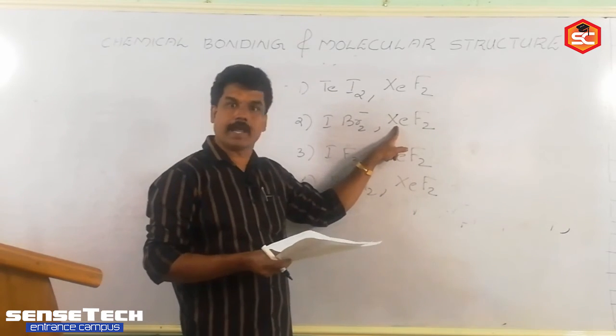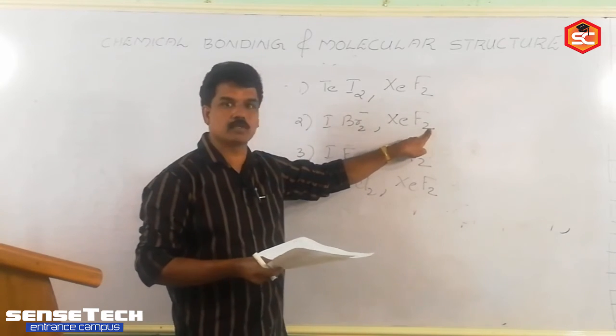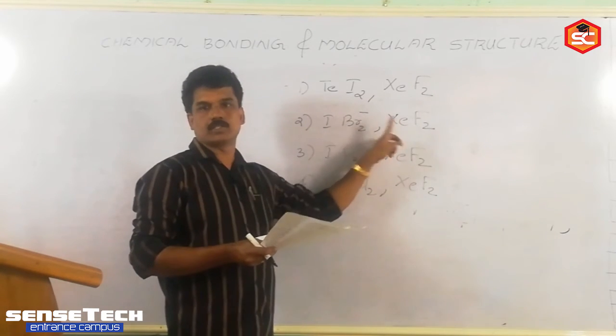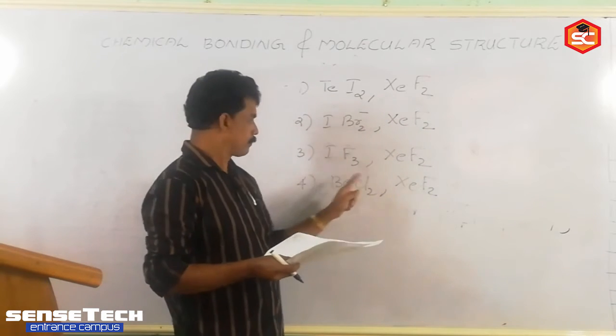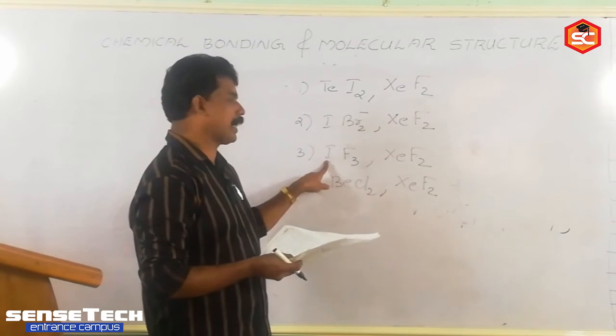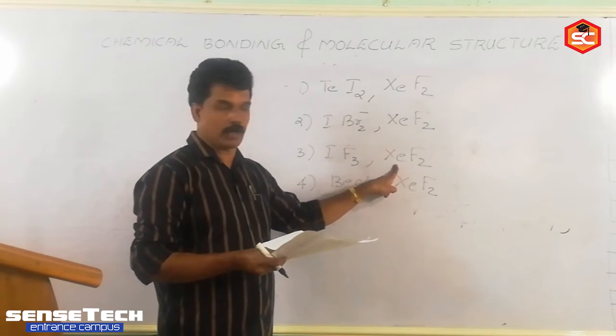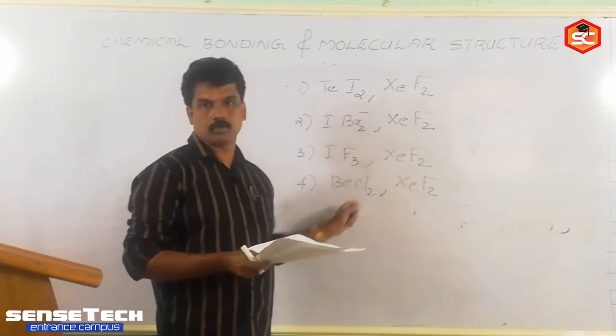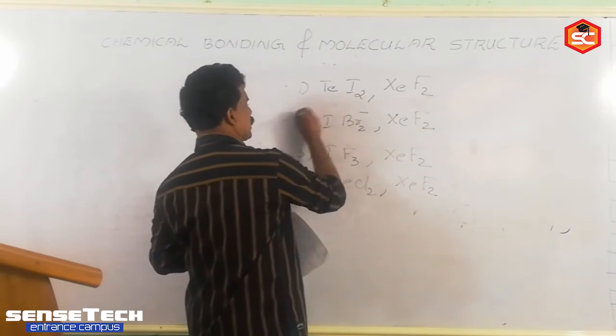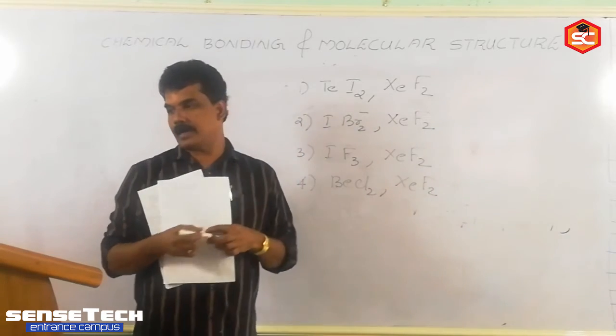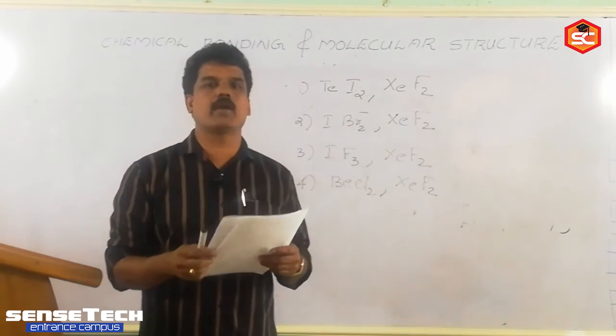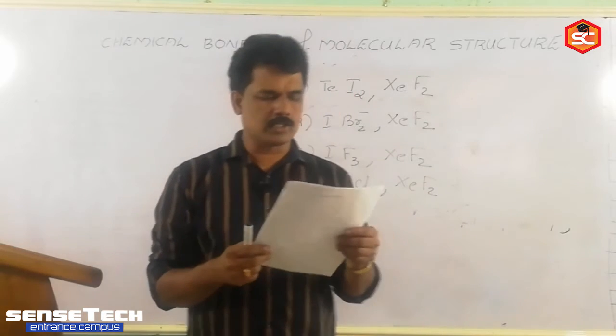Same, xenon 8, 2 are involved in bonding with fluorine. So these 2 are isostructural and isoelectronic. IF3 and XeF2: here iodine has 7 electrons, here 8 electrons. Beryllium and xenon will not come. So the second option is the correct option. Isostructural and isoelectronic we can identify on the basis of their valence electrons.